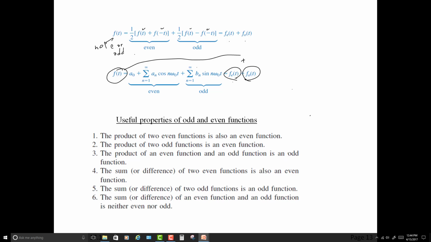And the sum of an even and an odd is neither even nor odd. Ooh. So 6 things. And the first 5 just kind of tells you with products and sums, all the combinations, 2 evens, 2 odds, and an odd and an even. The first 5 are predictable. If you take the sum of odds and evens, that's not predictable in its result.